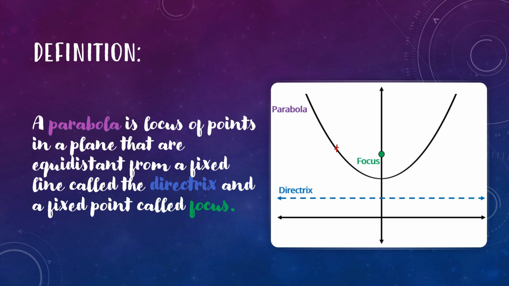Karon ang distance from this point to our focus, again, the distance from this point to our focus, say for example, ibutang nato, this is distance C. Okay. And distance from this point to the directrix, this is also C.